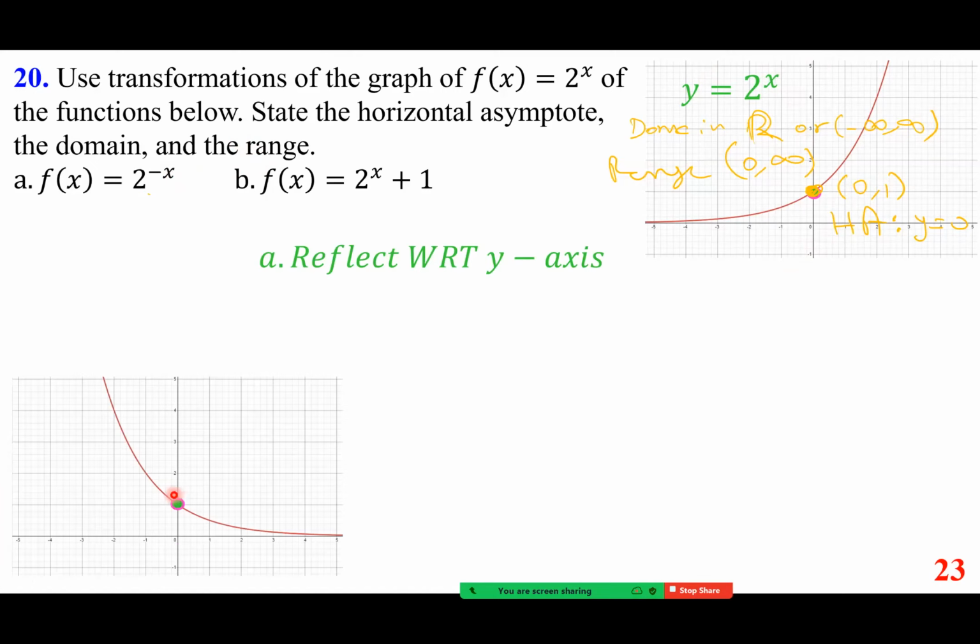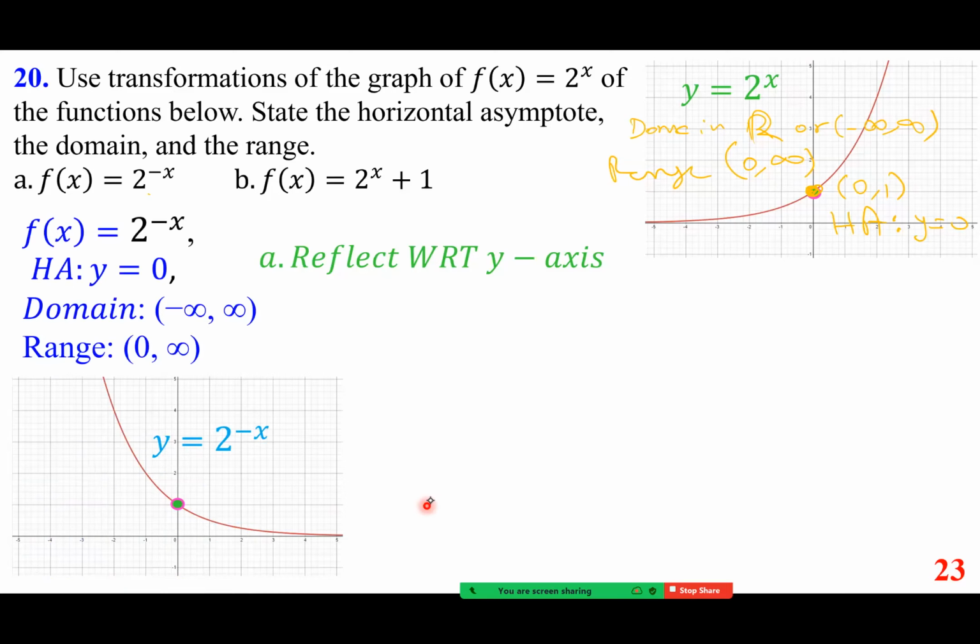Your horizontal asymptote is not changing. Your domain is not changing. Your range is not changing. So what is changing is that this was the exponential growth, now this is the exponential decay. So y equals 2 to the power of minus x. Horizontal asymptote remains the same, domain remains the same, range remains the same, but it's an increasing function or exponential growth. This is a decreasing function or exponential decay.